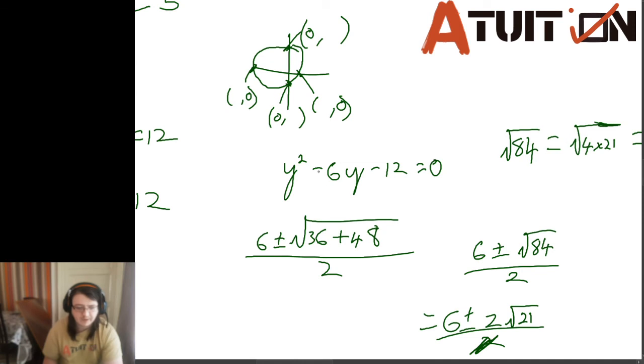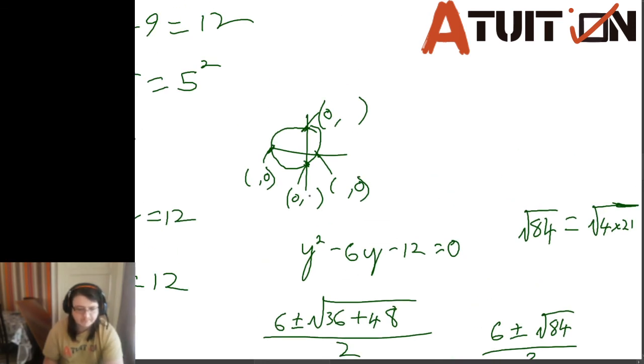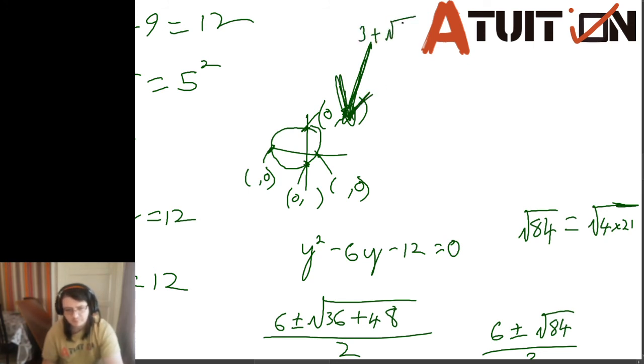And those are the values of y. So that's these two. So this will be 3 plus root 21. And this will be the negative one, because it's the negative value for y. This is where y is a minus number. So this is 3 minus root 21.